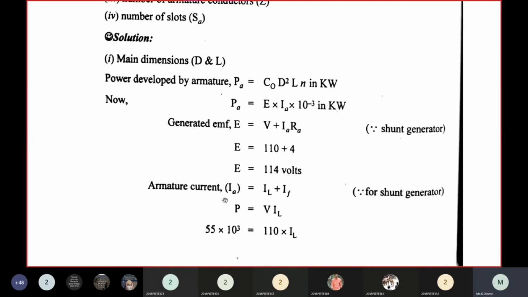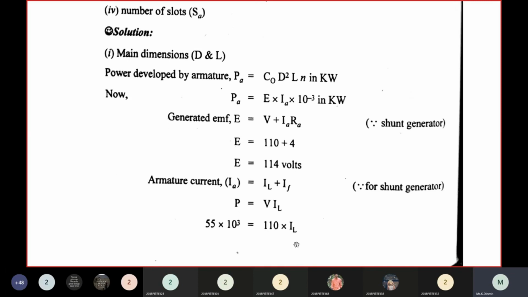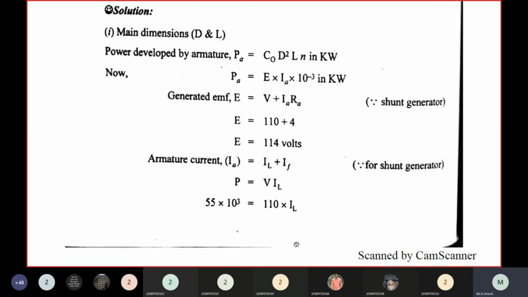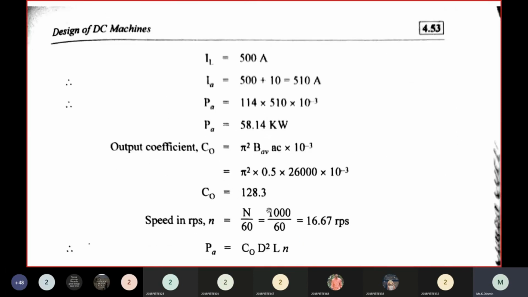And then your armature current should be IL plus IF. And P equal to V IL we know. So based on this expression, we can easily find out IL. 55 kilowatt, voltage is 110 IL. So 55 into 10 cube divided by 110, you get IL in amps. So IL is 500 amps.